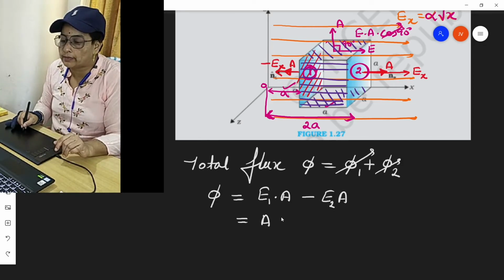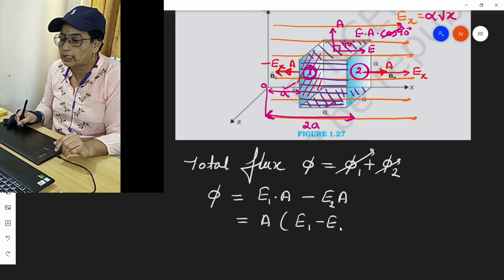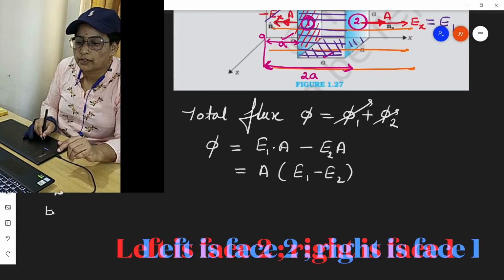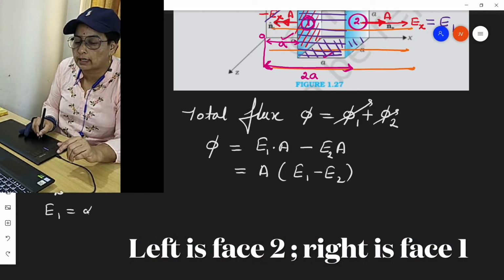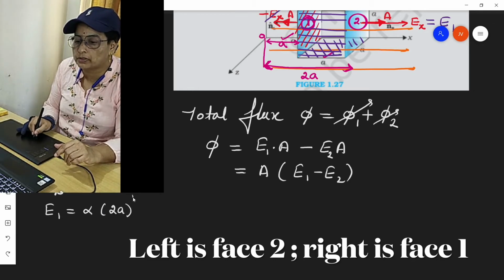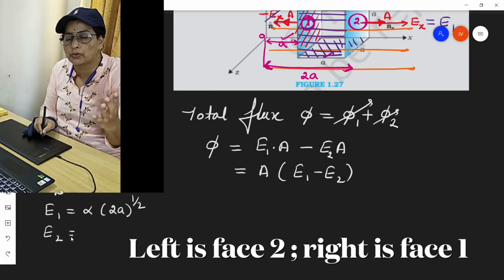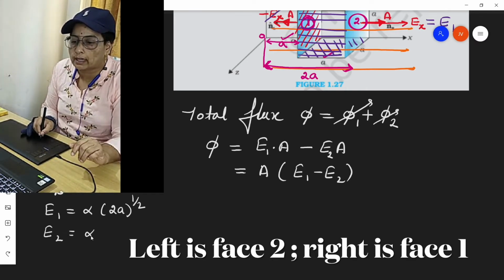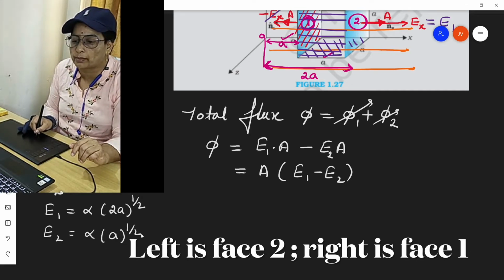So area I have taken out, and here this is E1 minus E2. The electric field due to the first face is alpha, and x is twice a, to the power 1 by 2. The electric field due to the second face, extreme left close to the origin, is alpha, and in place of x I am writing a to the power 1 by 2.